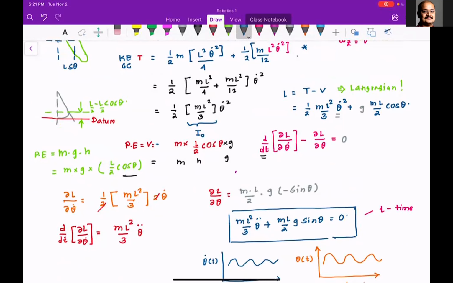In the last class, I worked out a problem, a simple pendulum. Please download that simple pendulum file.